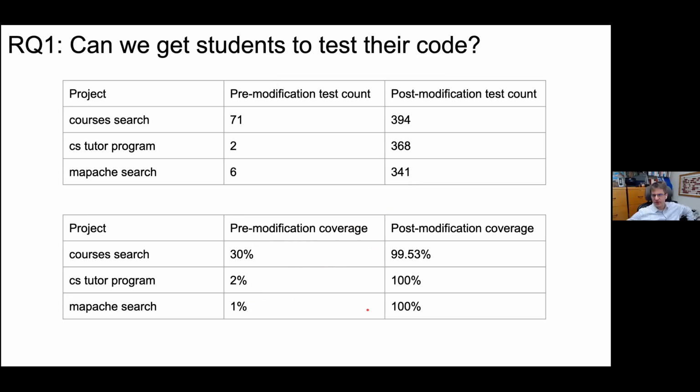Can I ask another question? Yes. So is this apples to apples? I mean, in post-modification, was there a requirement for a grade that actually included more testing, or was it the same situation for both classes?